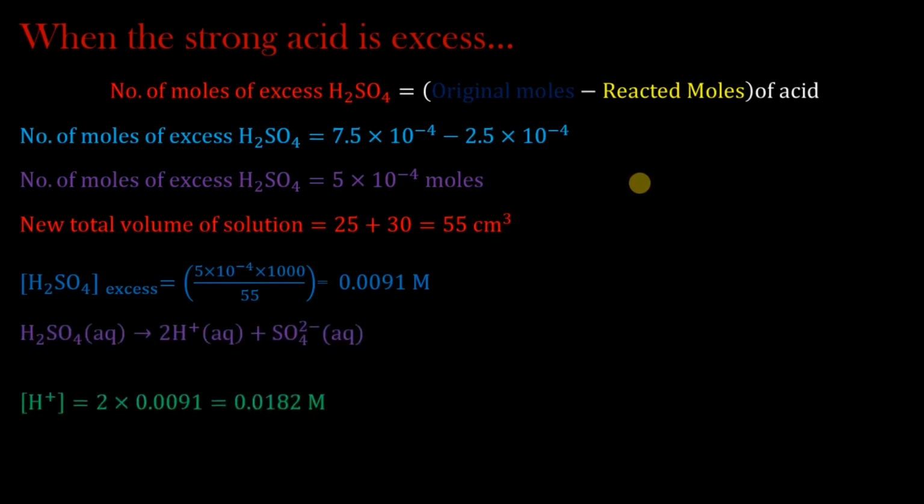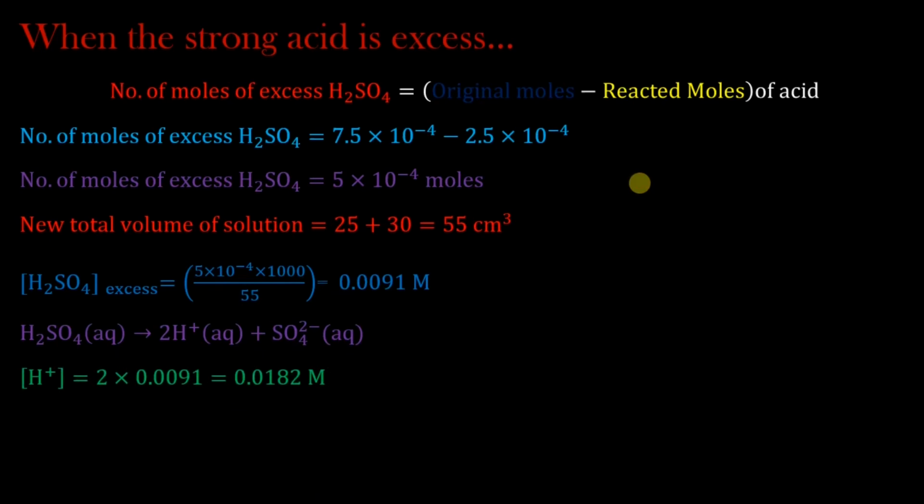So obtaining that from our equation, we can substitute the molar concentration of hydrogen ions in the pH expression, and this should give us a pH of around 1.74 as the pH of the resultant solution.